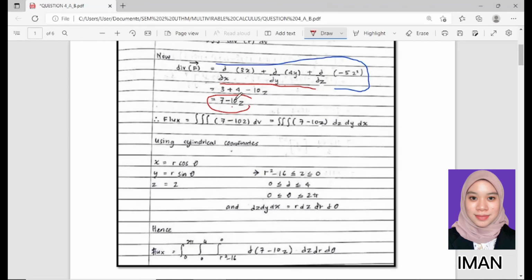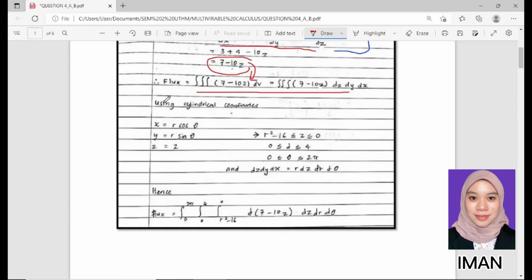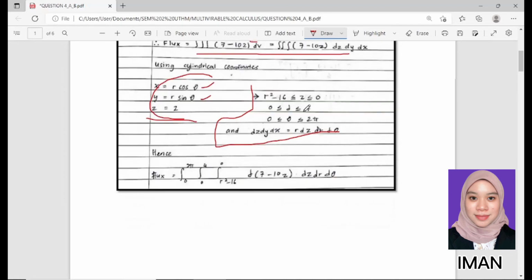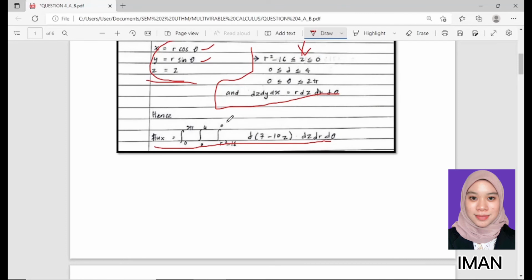So next the answer we put like this for the next step, and we use cylindrical coordinates, which is x equal to r cos theta, y equal to r sin theta, and z equal to z. From this coordinate we get like this, and from this equation we put like this because we must integrate.